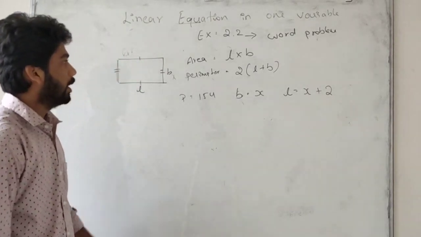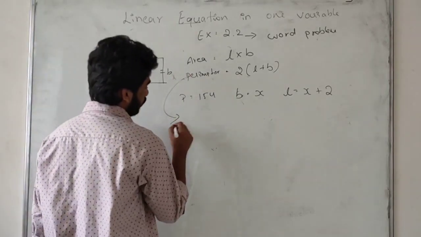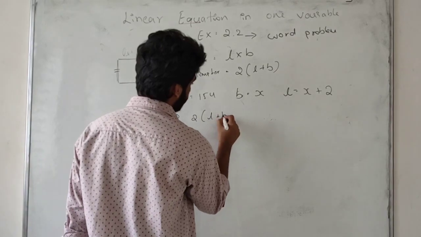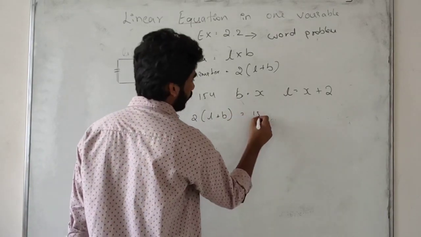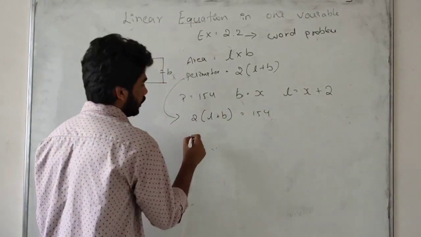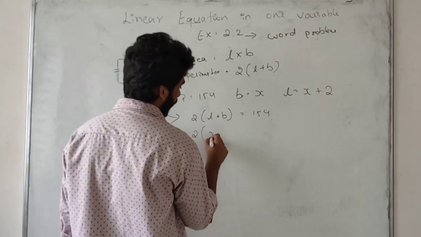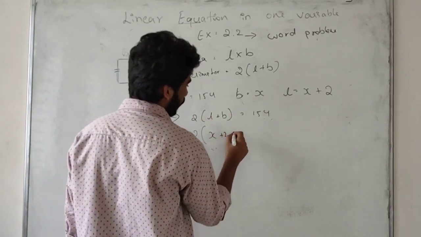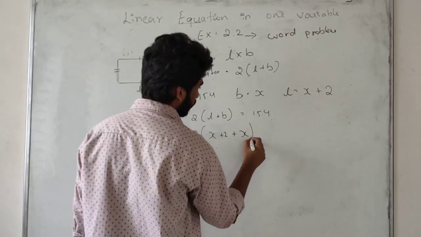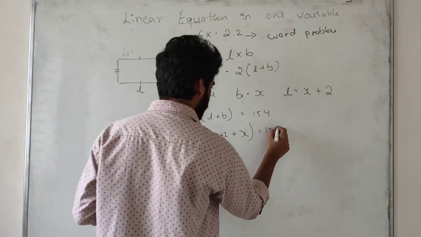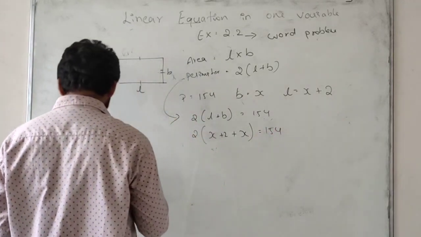Now, what is the perimeter formula? 2 into L plus B. We know that the perimeter is 154, so we substitute: 2 times length, 2x plus 2, plus breadth x, is equal to 154.